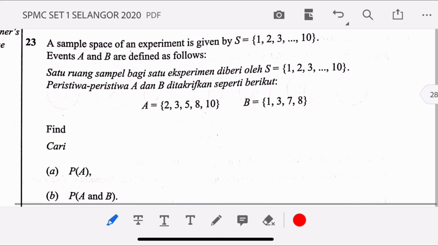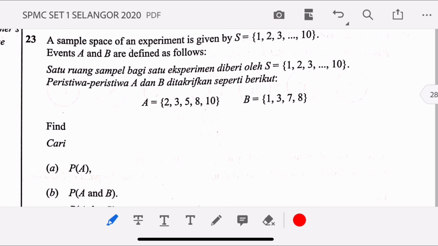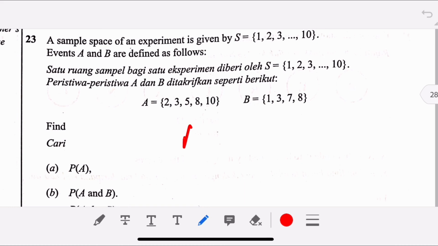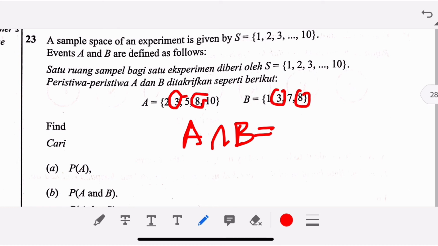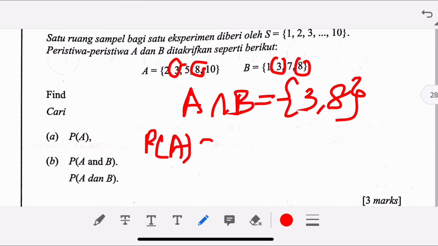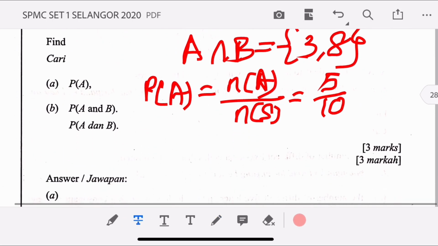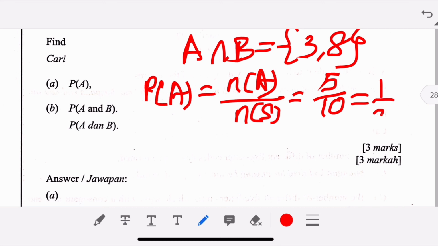Let's discuss 23. For this question, you are given the sample space 1 to 10 and set A and set B. We have the common elements 3 and 8. So find the probability of A. Probability of A is the number of event A over the number of sample space, which is 5 out of 10, so the answer is 1 over 2.